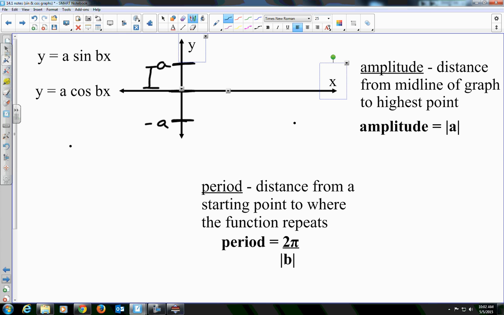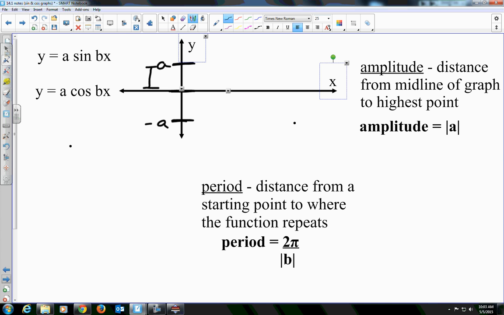Okay, the second thing that we're going to talk about is the period of the graph. That's how far it takes. Okay, first we'll define it. Period is the distance from a starting point to where the function repeats, because it has this little chunk and then it just keeps doing it over and over. So the distance from where it starts to where it repeats.